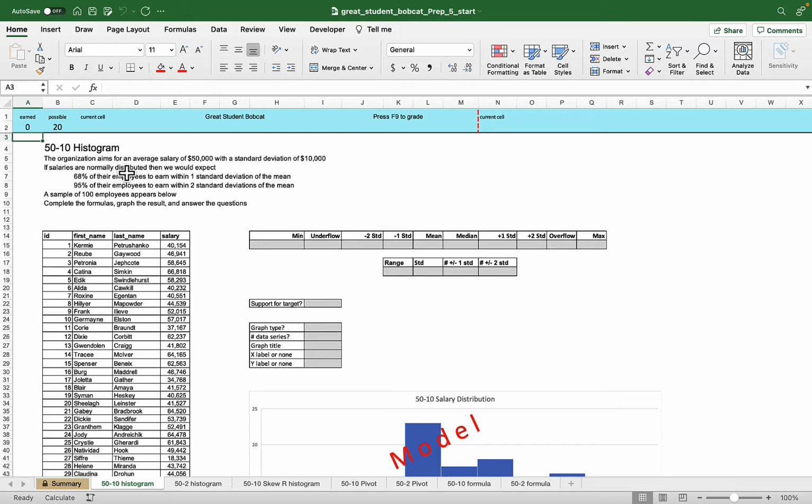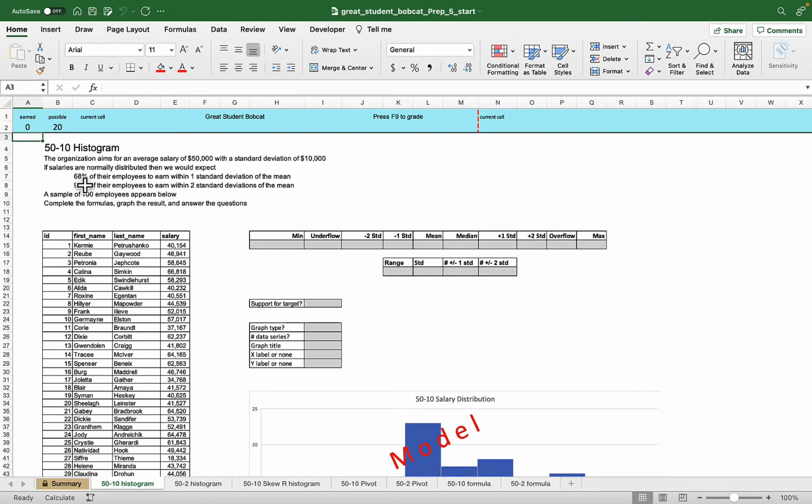If salaries are normally distributed, right, that's the bell-shaped curve, then we would expect 68% of their employees to earn within one standard deviation of the mean and 95% of their employees to earn within two standard deviations of the mean. So why would we expect that?